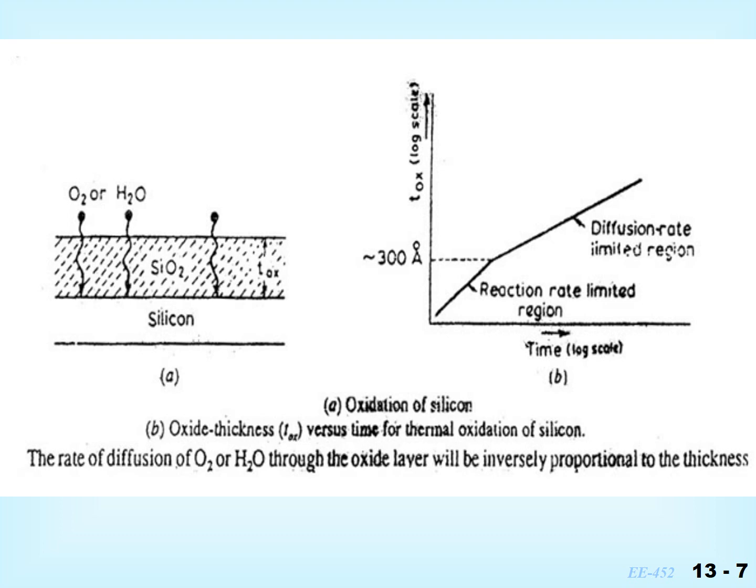These figures show the reaction of oxygen or H2O with silicon, which will create an oxide thickness of TOX, and further it can be seen that this growth of oxide is actually limited after a certain time.